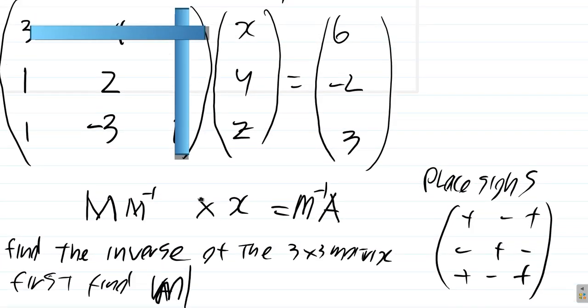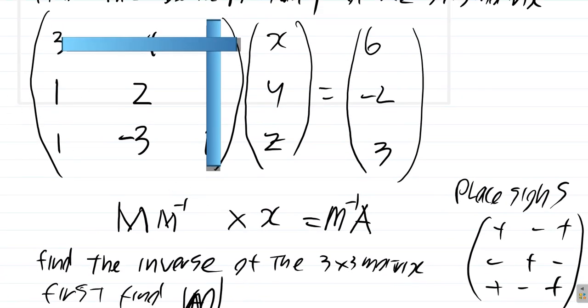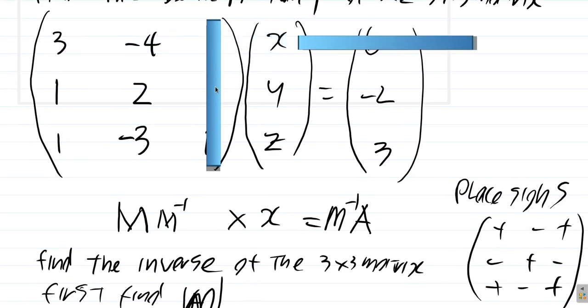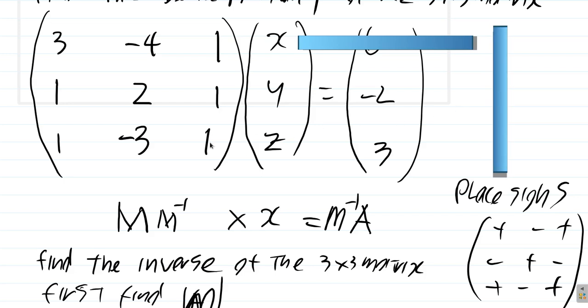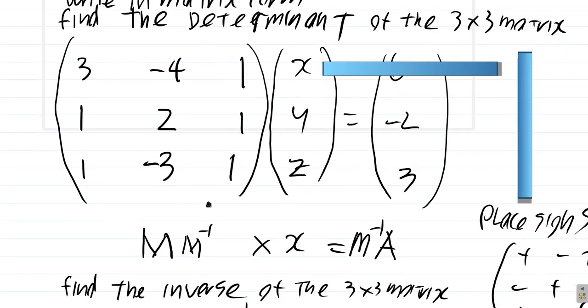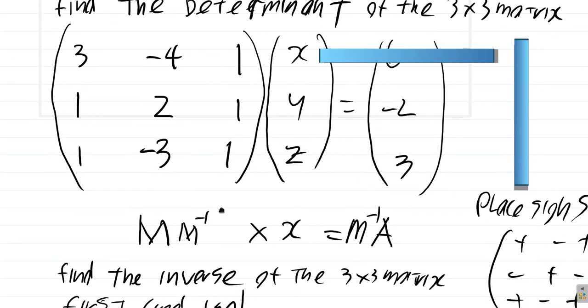Now, that means we're going to cover up the row and column for each element, assign their place signs, and find the 2 by 2 determinant of the uncovered elements, right? So you can see it's quite a bit of work you have to be doing when you solve 3 equations in 3 unknowns using the inverse matrix method, right?